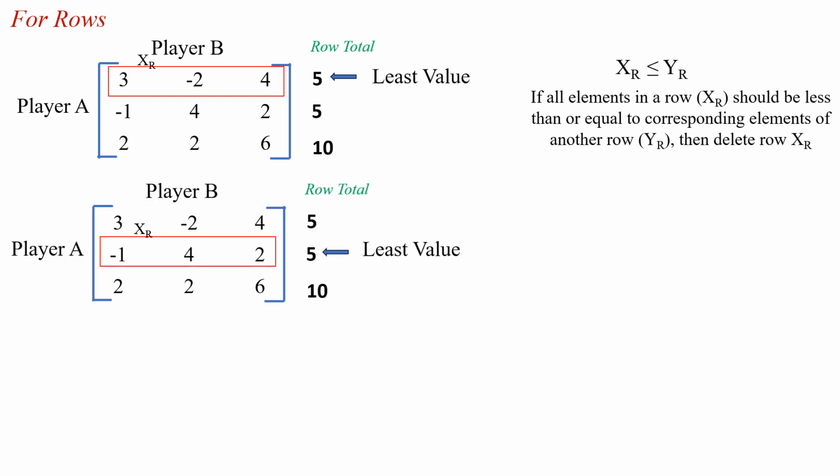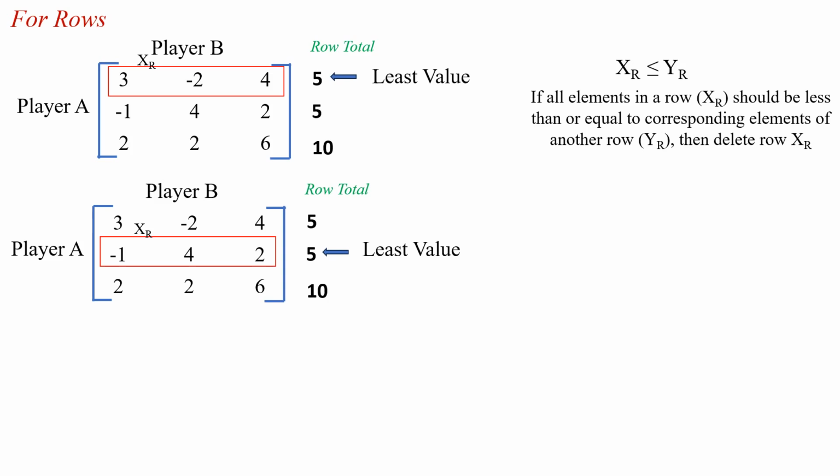Next we compare the second row elements with the third row. Here the second row elements are -1, 4, 2 and the third row elements are 2, 2, 6. First I compare the first element in the second row, that is -1, with the first element in the third row, that is 2.